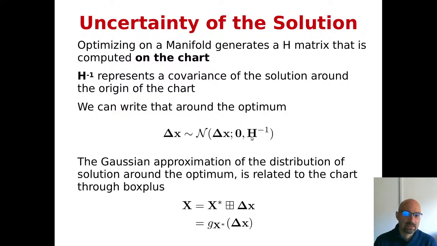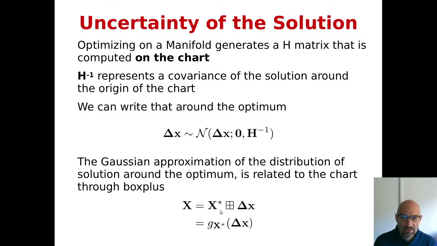What is the new space? The new space will be the space of the manifold, and the mapping will occur through a chart centered around the current optimum. Okay, so this is a random variable, this is a function of a random variable, and what we want to do is to obtain a Gaussian approximation of this random variable, which is obtained by applying this function to this object over here.